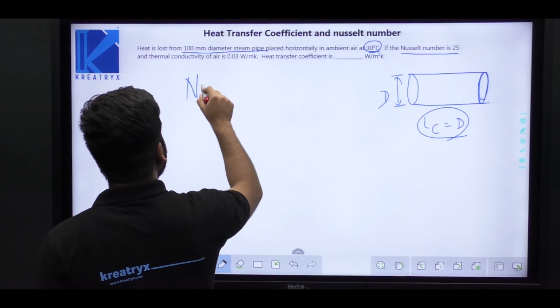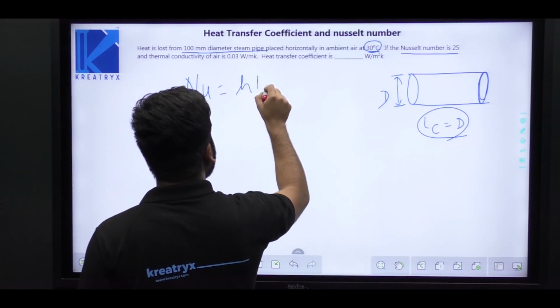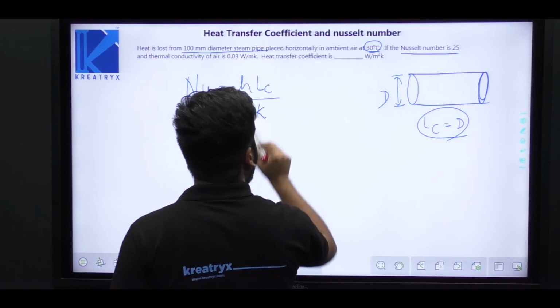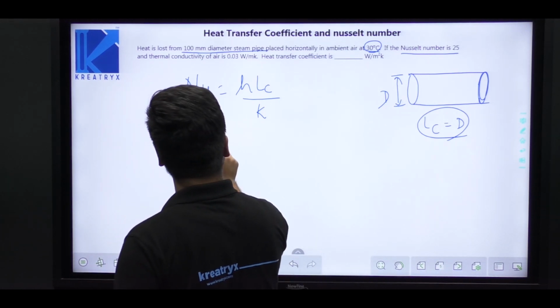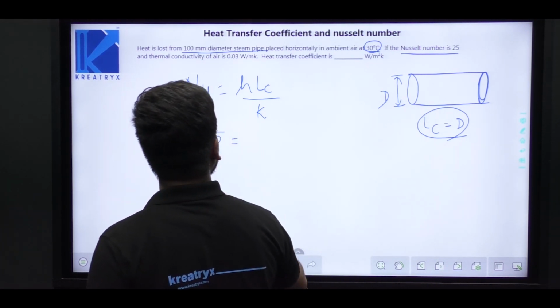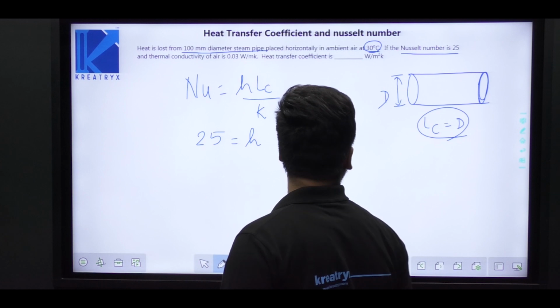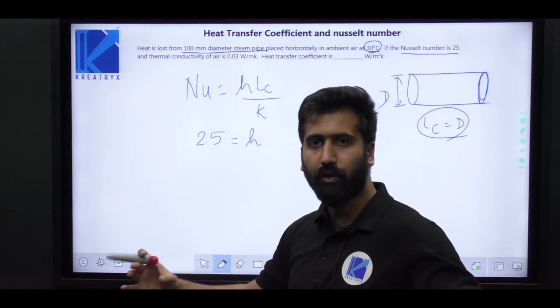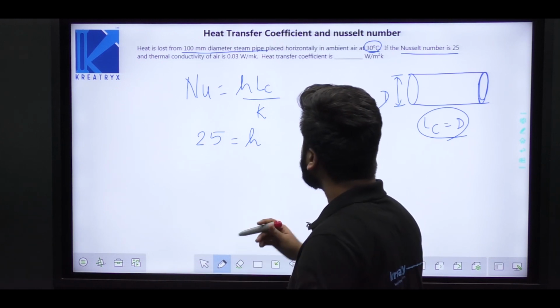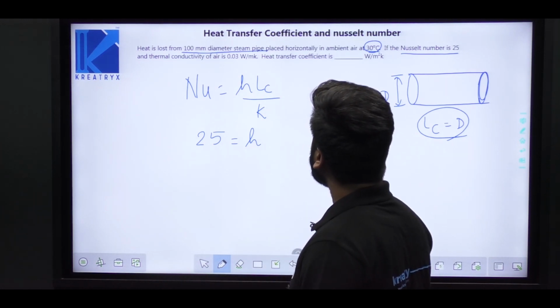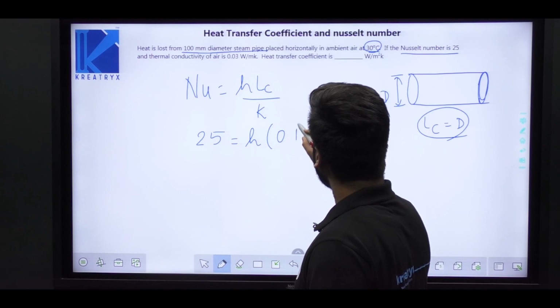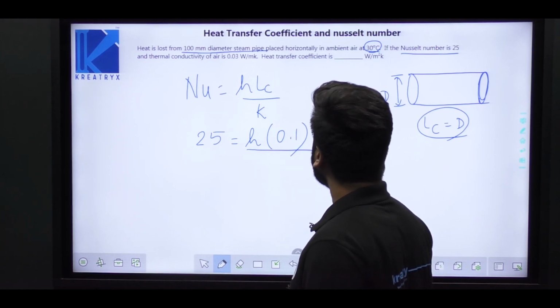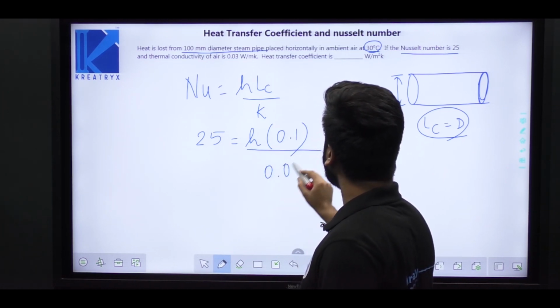So Nusselt number is equal to H LC by K, and Nusselt number is equal to 25. We have to find heat transfer coefficient H. LC is equal to D in this case when the pipe is horizontally laid. D is 100 mm, that is 0.1 meter. Take care of the units. And K is 0.03 watt per meter Kelvin.